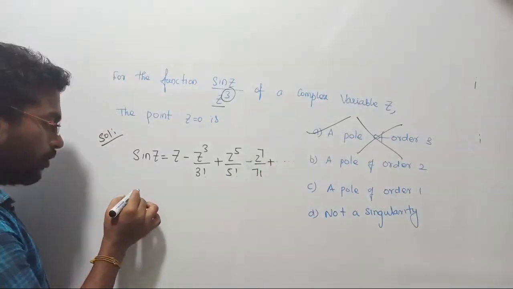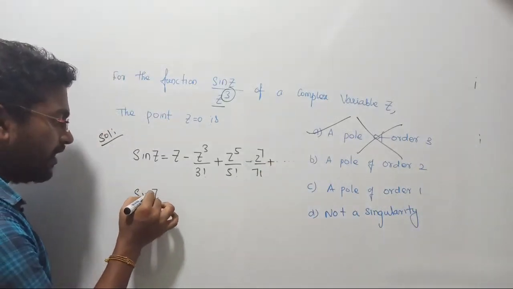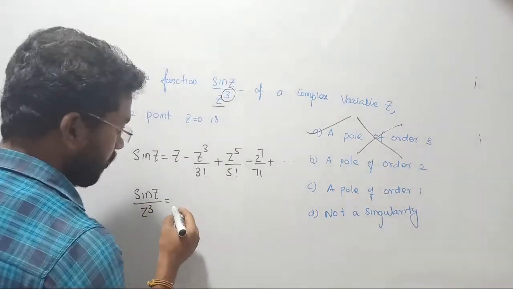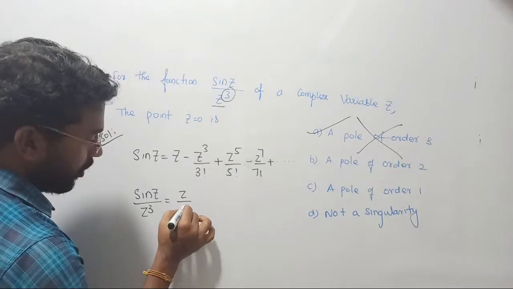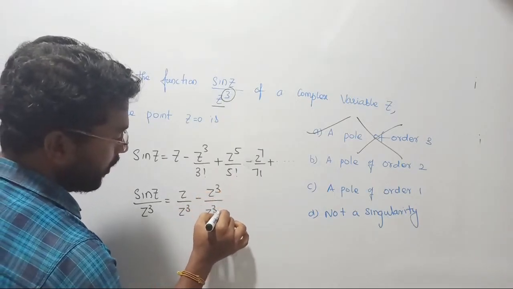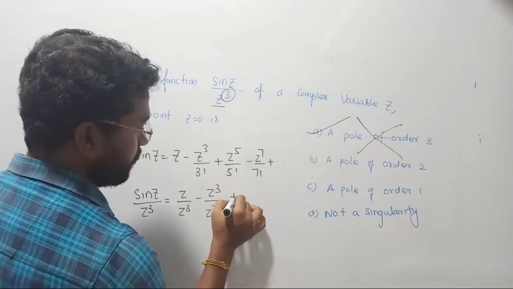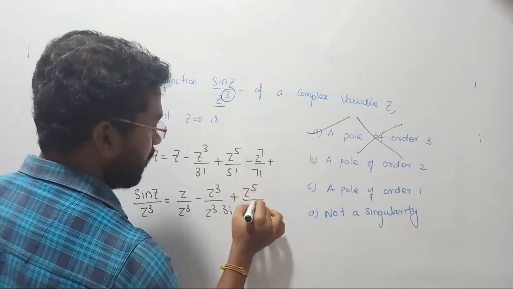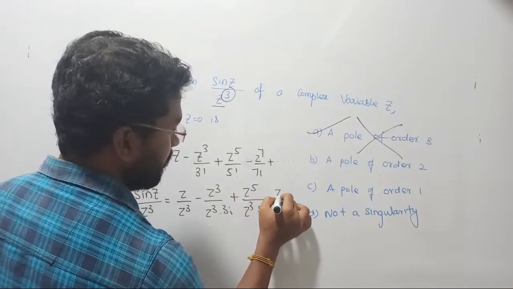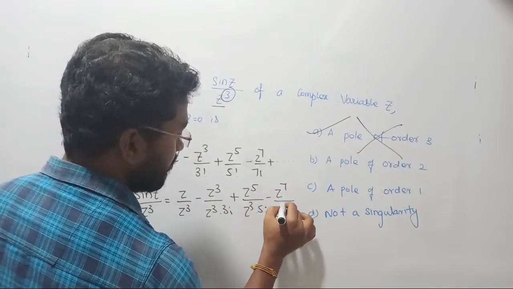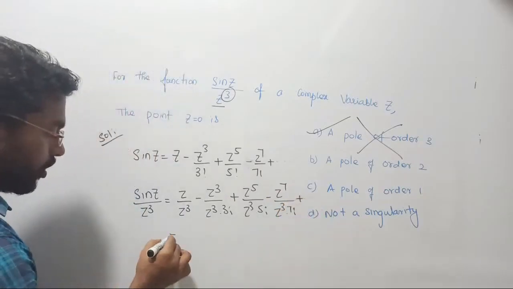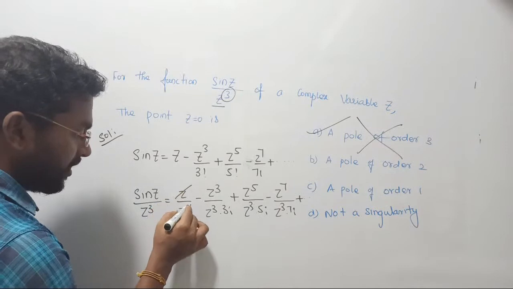Now let's write sin z upon z power 3. It should be equal to z upon z cube minus z cube upon z cube into 3 factorial, plus z power 5 upon z power 3 into 5 factorial, minus z power 7 upon z power 3 into 7 factorial and so on. If you notice this carefully, one z is getting cancelled.